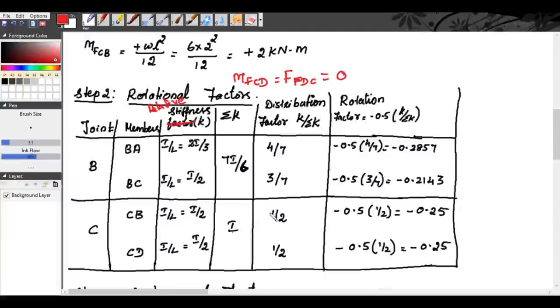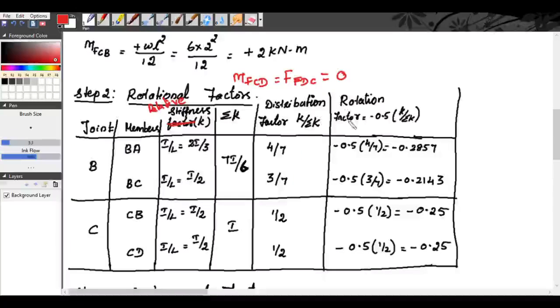At C, I by 2 by I gives 1 by 2, and again 1 by 2. The sum of the distribution factors at a joint should equal 1, and at joint C we get a summation equal to 1.